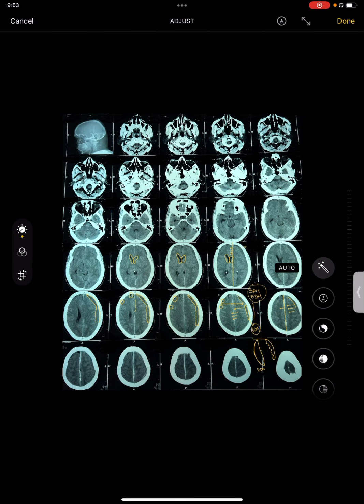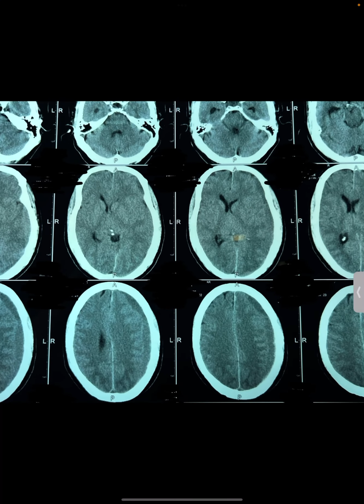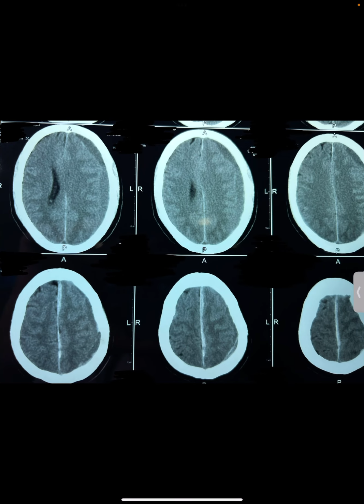So there are so many beautiful findings in this CT scan. The same thing here, and these are the CT scan images of the same patient.